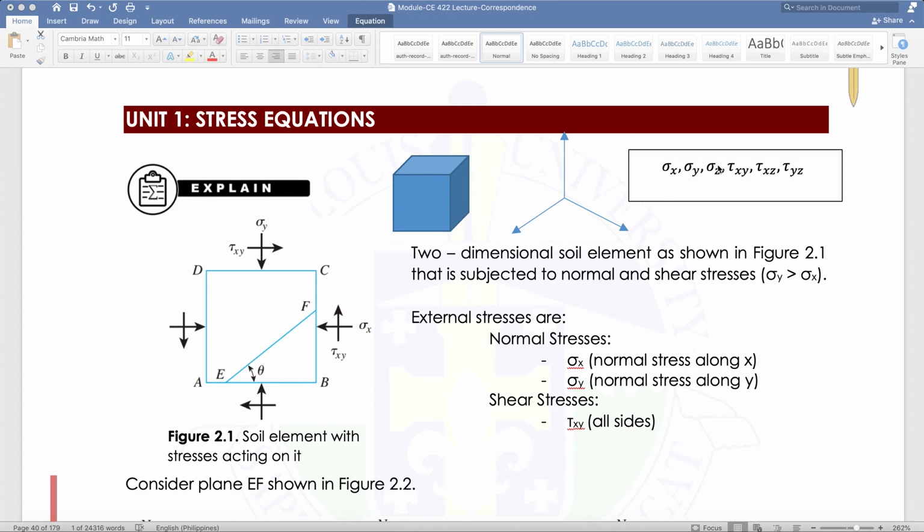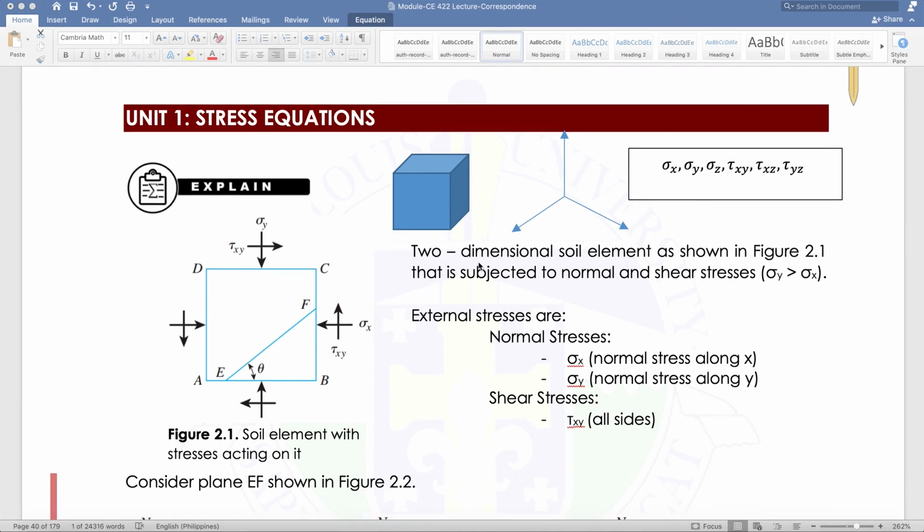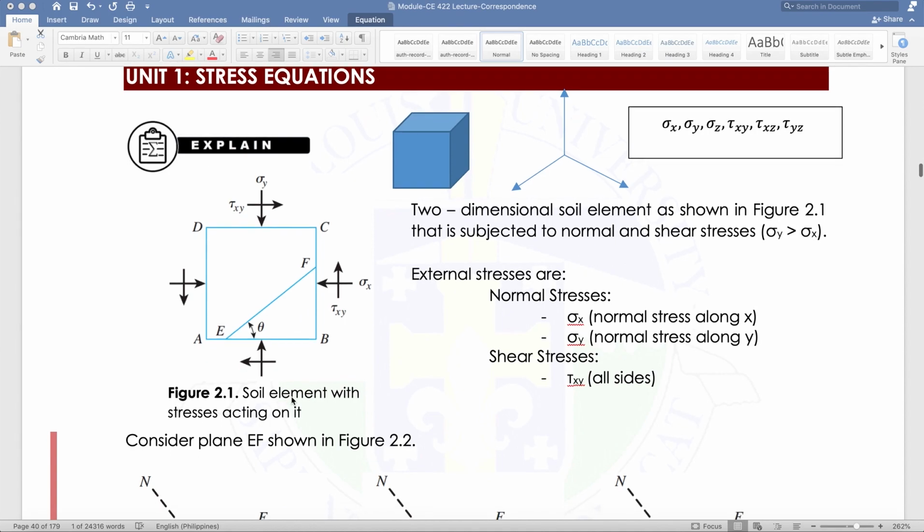That's why sigma z, tau xz, tau yz will simply cancel out. So here we will be left with the normal stresses, sigma x, normal stress along the x-axis, and sigma y, normal stress along the y-axis. Now for the shear stresses, it will be present on all sides, which is the stress along the x and the y-axis.